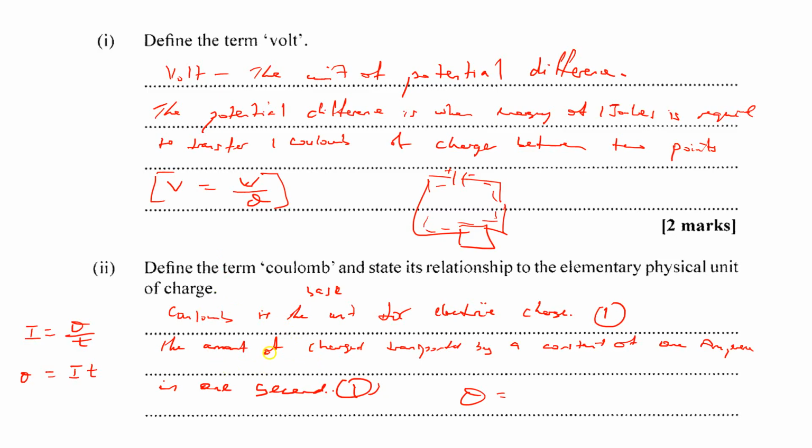So with that being said, we can come up with this elementary way to understand charge: if you have X amount of charge, then that is just N times the charge of an electron.